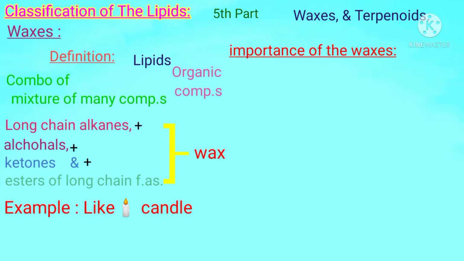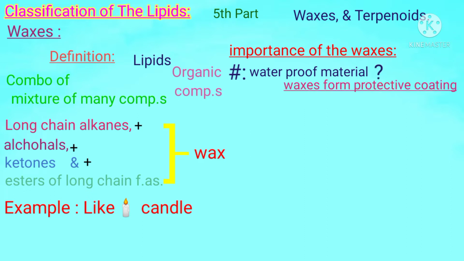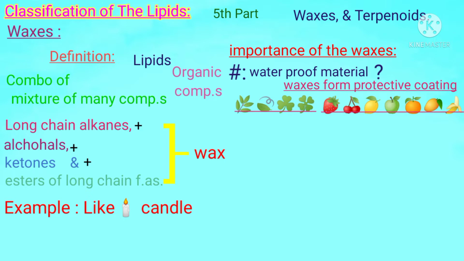Dear students, as we have already discussed in lipids function, waxes act as a waterproof material. What is meant by waterproof? It means that these form a protective layer, a protective coating on the leaves and the fruit surface. What will the function of that protective coating be?